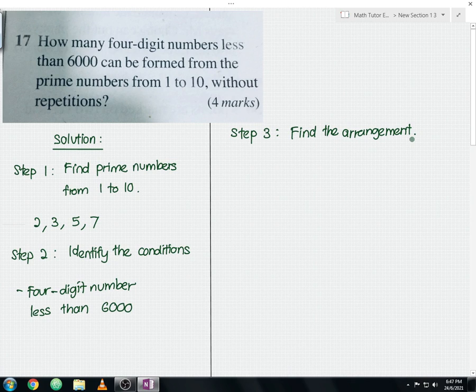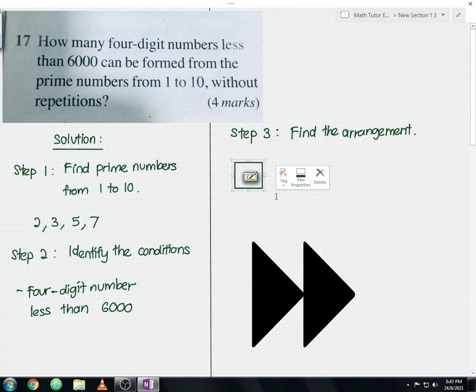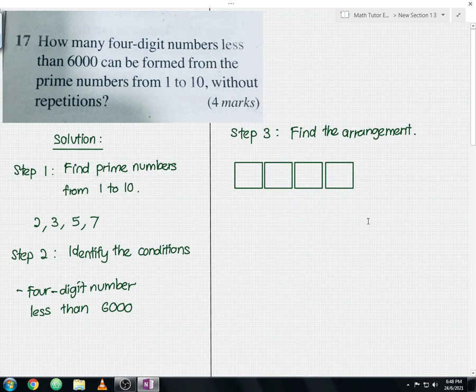So let me draw the 4 blocks over here, which are representing the 4-digit numbers. So please wait, guys. Okay, so this is the 4 blocks which representing the 4-digit numbers. Okay, so since we are required to form a 4-digit number which is less than 6,000, okay, so that means that in your first block you should form a number less than 6.